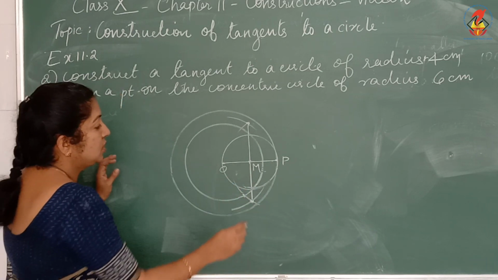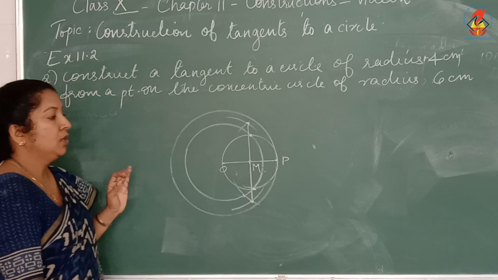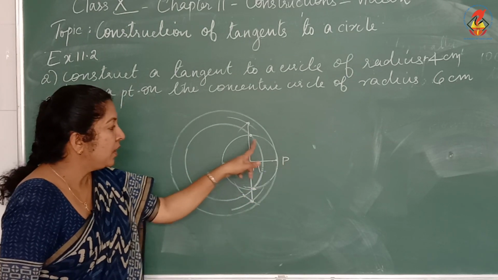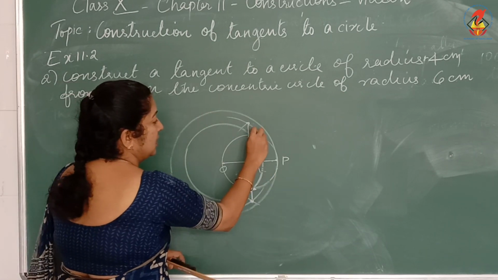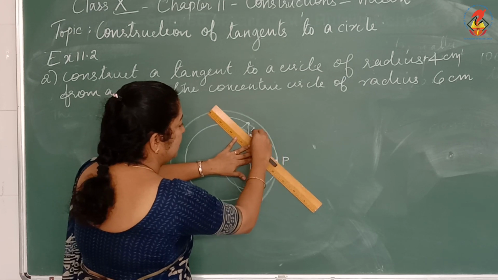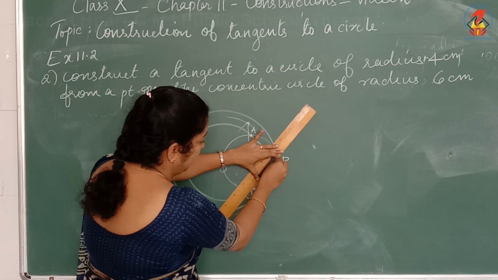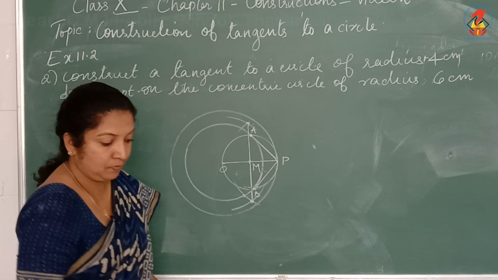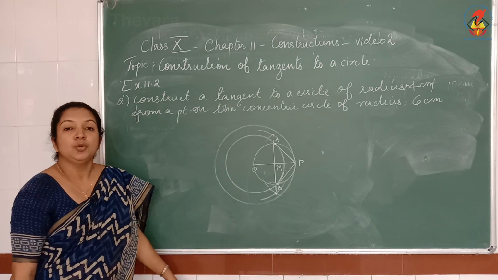These two intersect each other at these points. We have to draw from P to this circle. So join, and we can mark them as A and B. Join AP and PB. These are the two tangents.